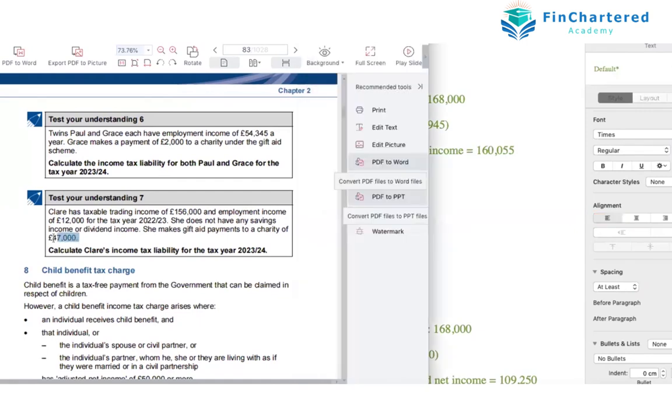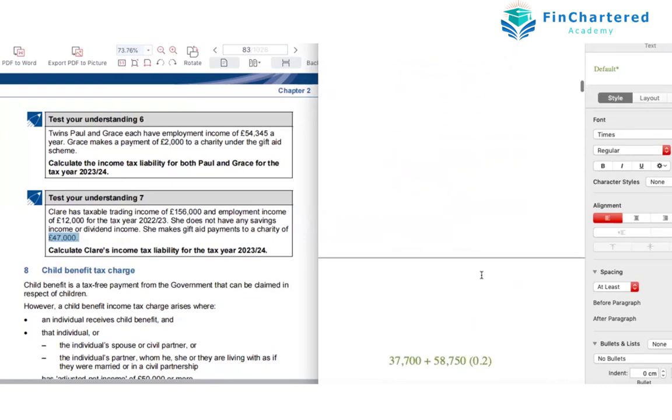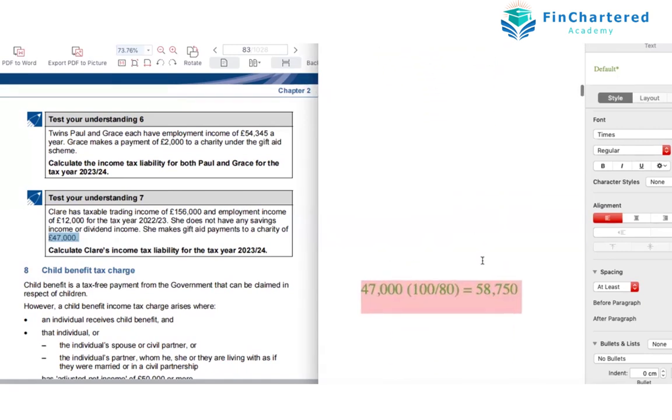Because she's made a charity of 47,000 into 100 by 80, by that much amount, the tax at the lower rate will increase.